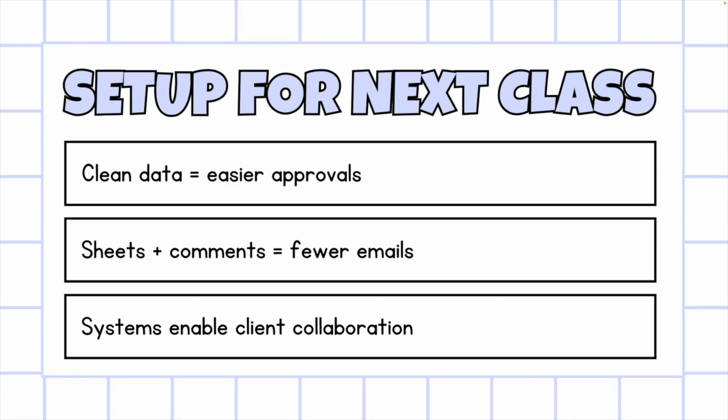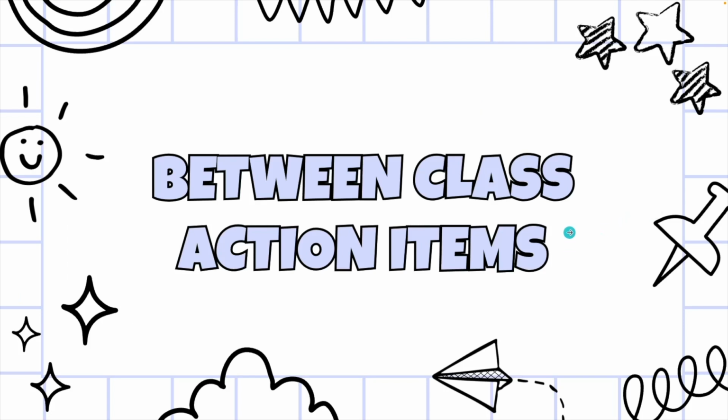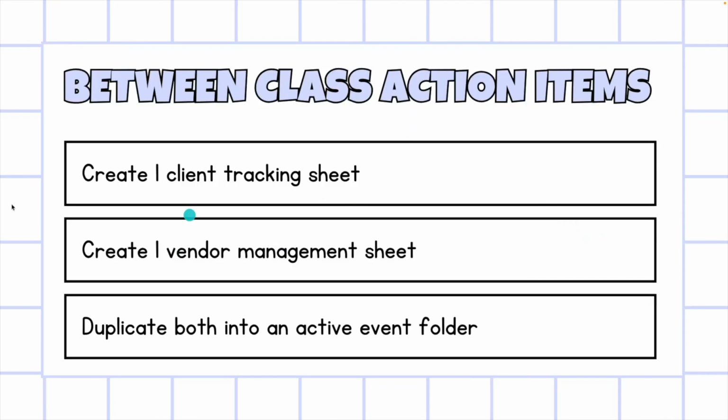So before we go into the next part, if you want to have some action items, I would say this. First, create that one client tracking sheet. And this is going to be your master, right? So again, as a recap, this is going to help us keep all client-related information centralized and accessible, right? Next, you're going to establish a vendor management sheet.